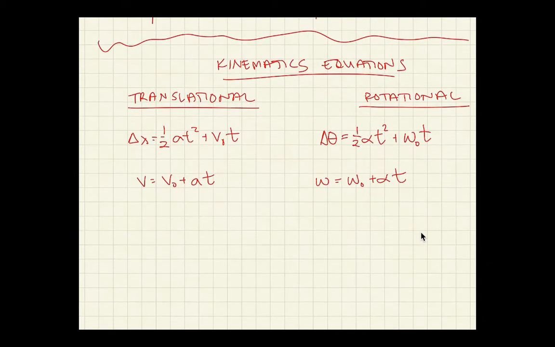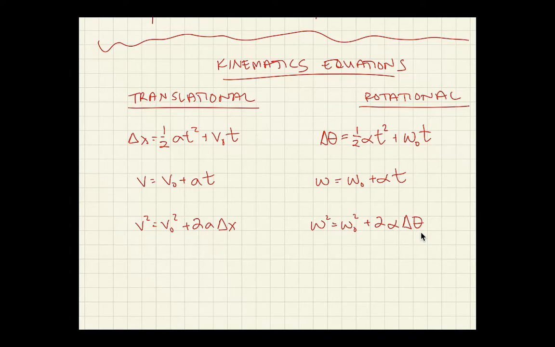And lastly, we have our no time equation, which was v squared equals v naught squared plus 2a delta x. Again, there's a rotational analog for that. Omega squared equals omega naught squared plus 2 alpha delta theta. So these things all hold true.